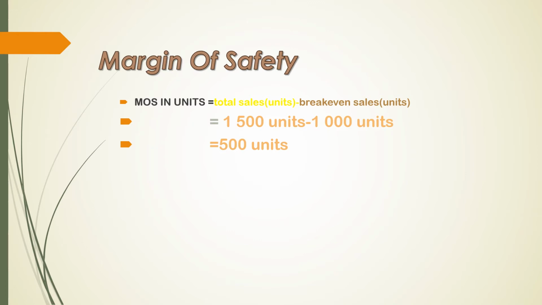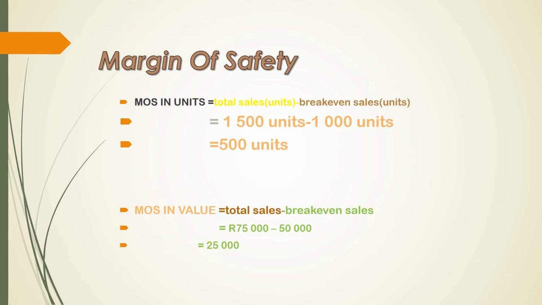That means we had a total sale of 1,500 units and we only needed to break even at 1,000 units. This is where our costs would have been equal with our sales, economic profit, as I mentioned, which gives us 500 units. That's our margin of safety in units.